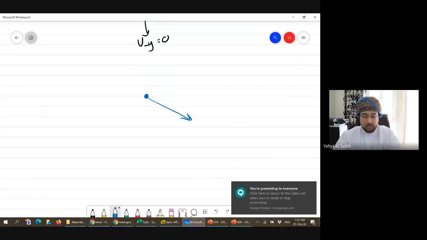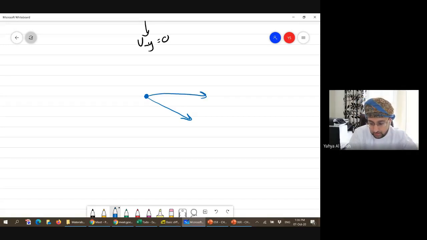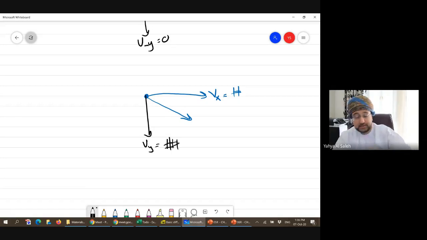Now let's go to another example. Say it's going down, okay, at an angle. In this case, it will have a velocity Vx, some number, and it will have a velocity Vy, also some number, not necessarily the same number, but some number.